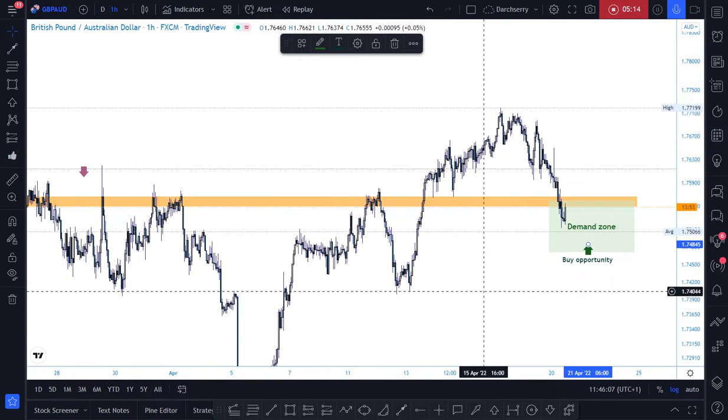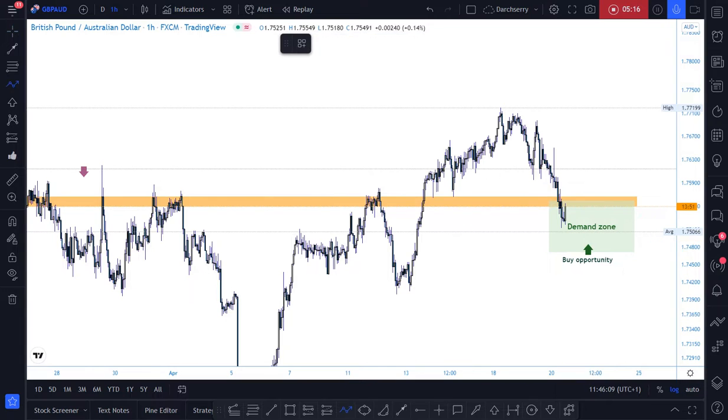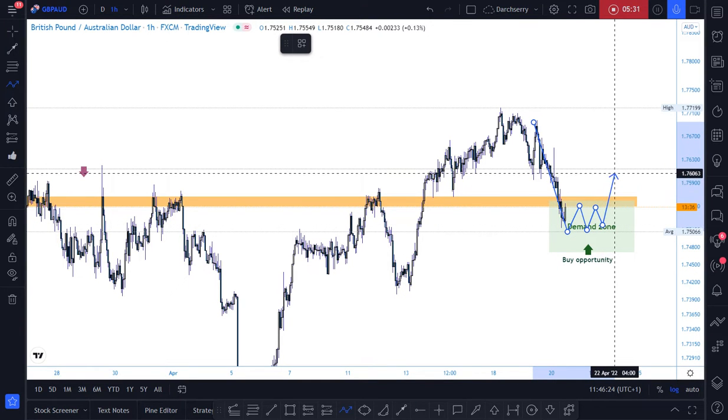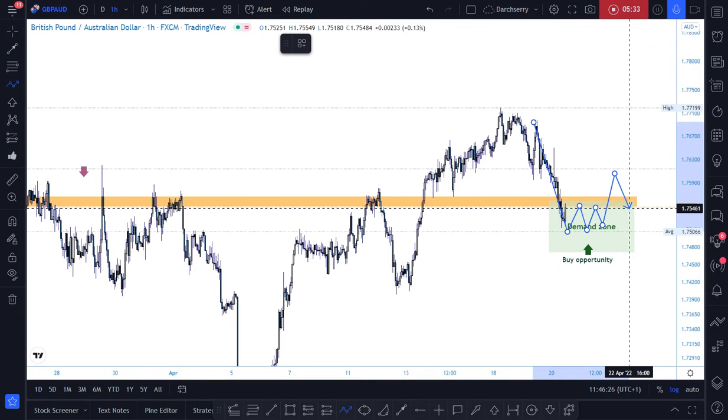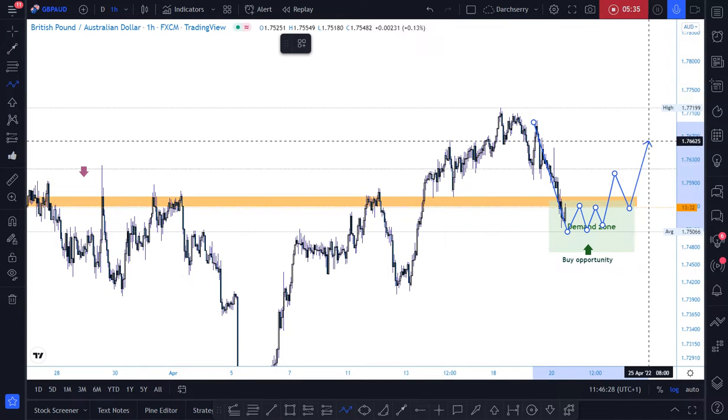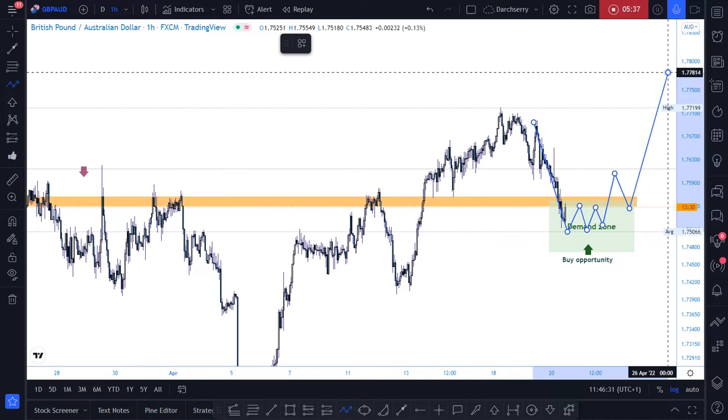We expect something like a reversal structure within this area, probably on a lower time frame or on this 1 hour time frame, then a breakout of structure, a confirmation, then a trend continuation to the upside.